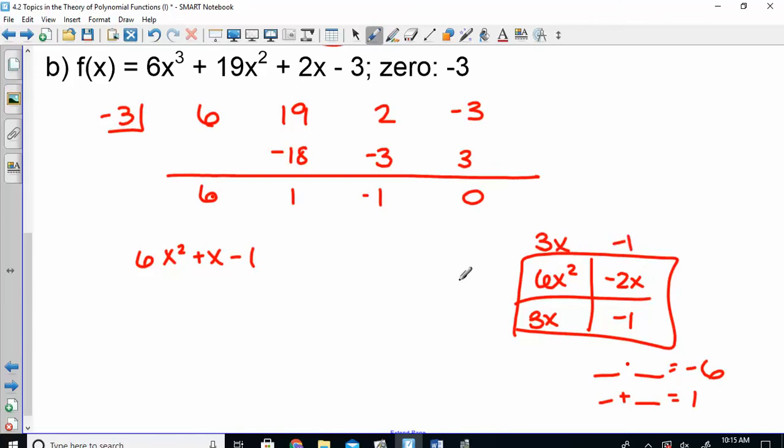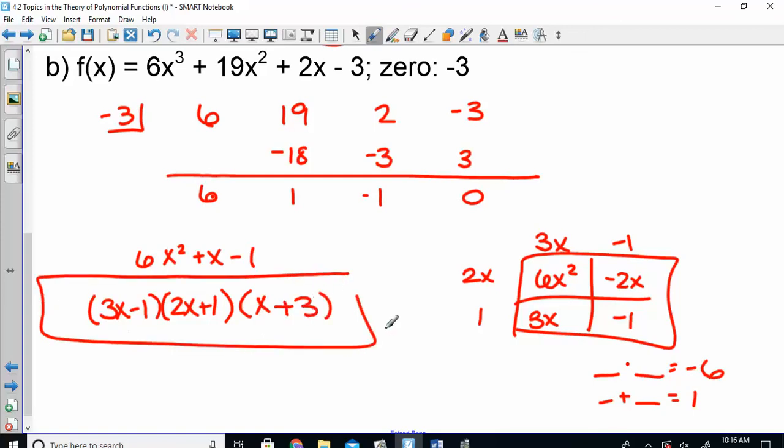So then if we factor, we get 3x minus 1, and 2x plus 1. And since we had this -3 up here, -3 makes it equal 0, so we have to put x plus 3 for our final factored form.